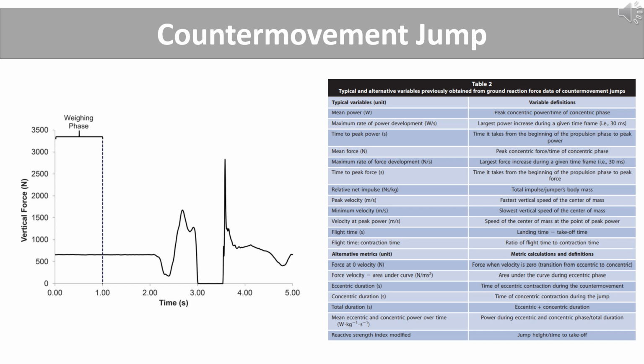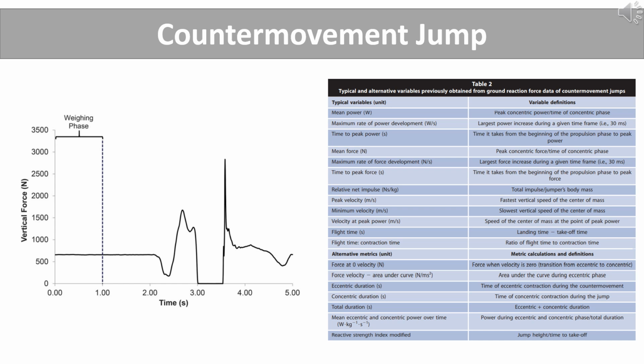Now, it can be a little bit challenging knowing which type of metrics we should be looking at, but I think the main point here being that because the counter movement allows athletes to perform vertical jumping in a much more natural style of jumping based off what we've learned ever since a young age, it's a very simple, easy to perform assessment, and there's a whole host of different information that we can gather accurately, quickly and reliably using force plates.